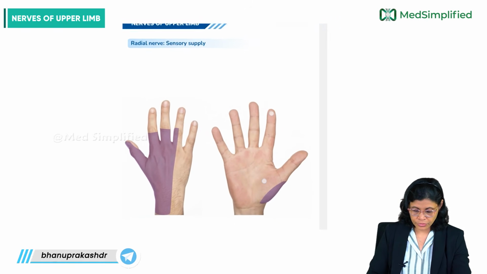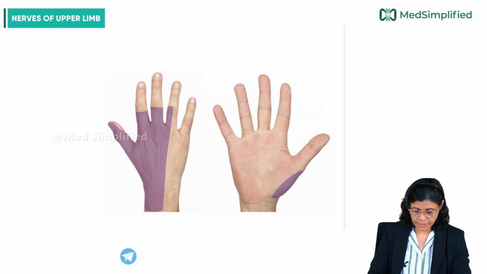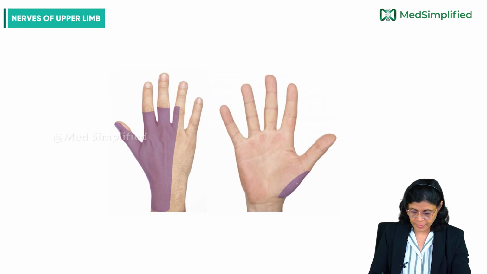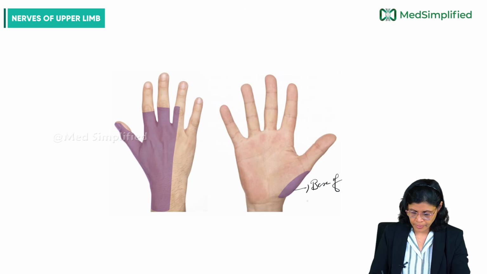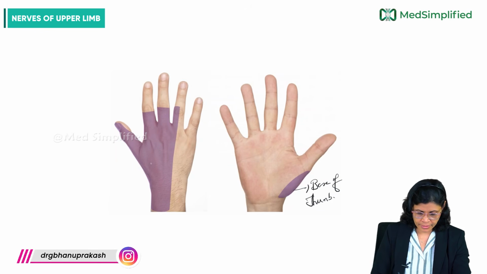So this is the sensory supply which we can see. A small portion here on the palm near the base of the thumb it will also supply, as well as here at the dorsum. So this is near the base of the thumb, as well as the dorsum of the hand, lateral part, and 3.5 digits.